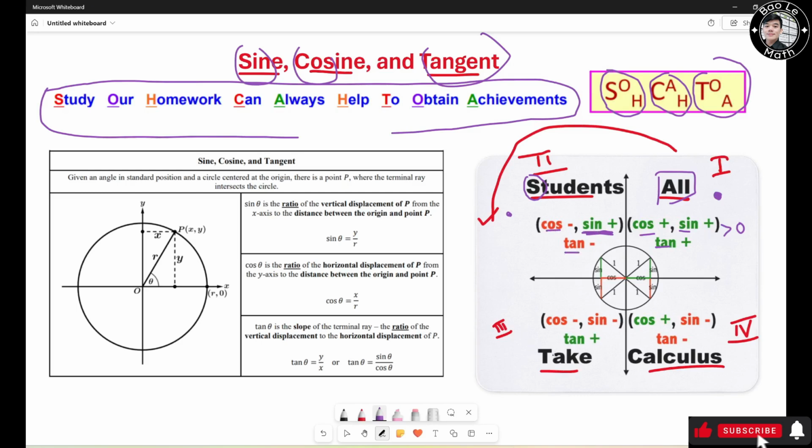If point P is on the third quadrant, we use the letter T, which means tangent. Only tangent is positive, and the rest should be negative. If point P is on the fourth quadrant, we have Calculus, and the letter C stands for cosine, so only cosine is positive and the rest should be negative.